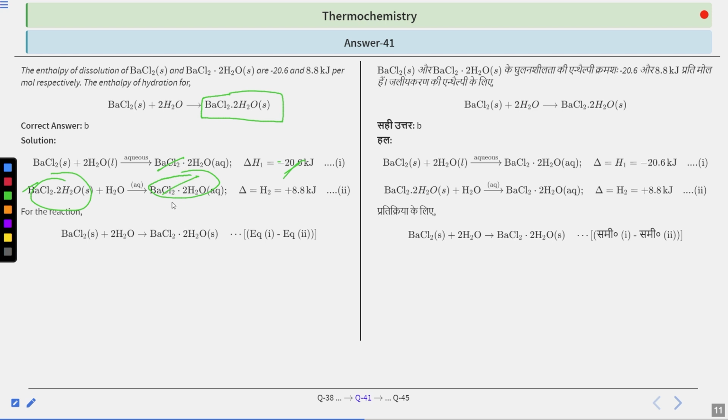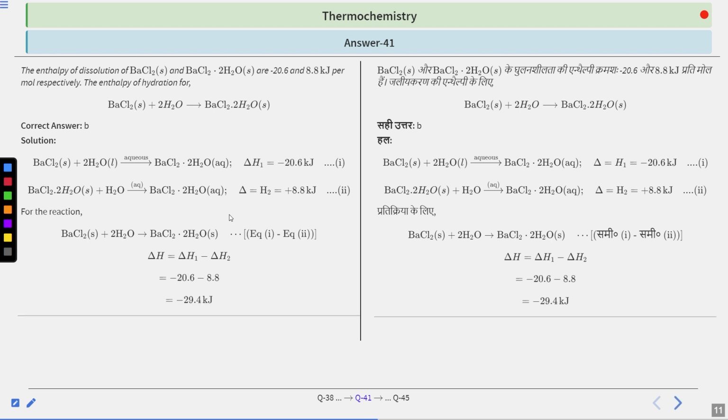So we first reverse equation 2, which creates a negative sign, and then we add both. So delta H is equal to delta H1 minus delta H2, and hence putting these values will give you minus 29.4 kilojoule as your correct answer. Clear?